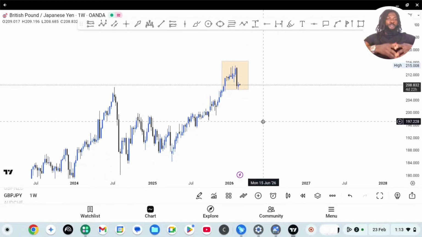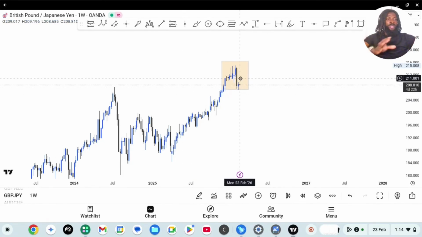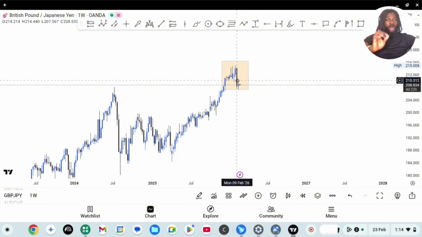What I'm looking for in the weekly time frame is the past 5 candles. What did they do? How did they close? Because this is the weekly, we have a lot of information in just one particular candle. If you look at this structure, it's overall an uptrend. But look at the few candles that are printed, because each and every candle is 1 week.